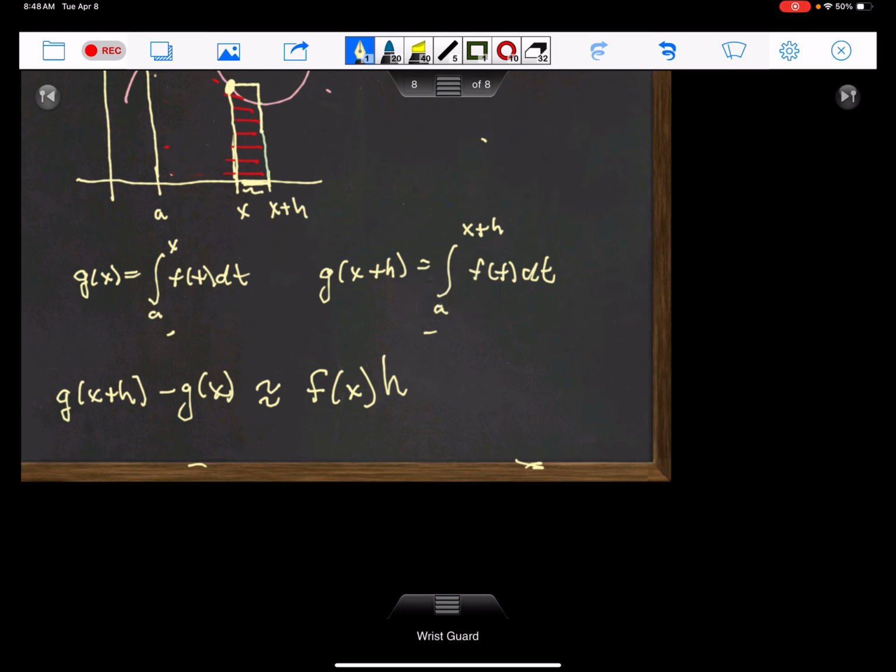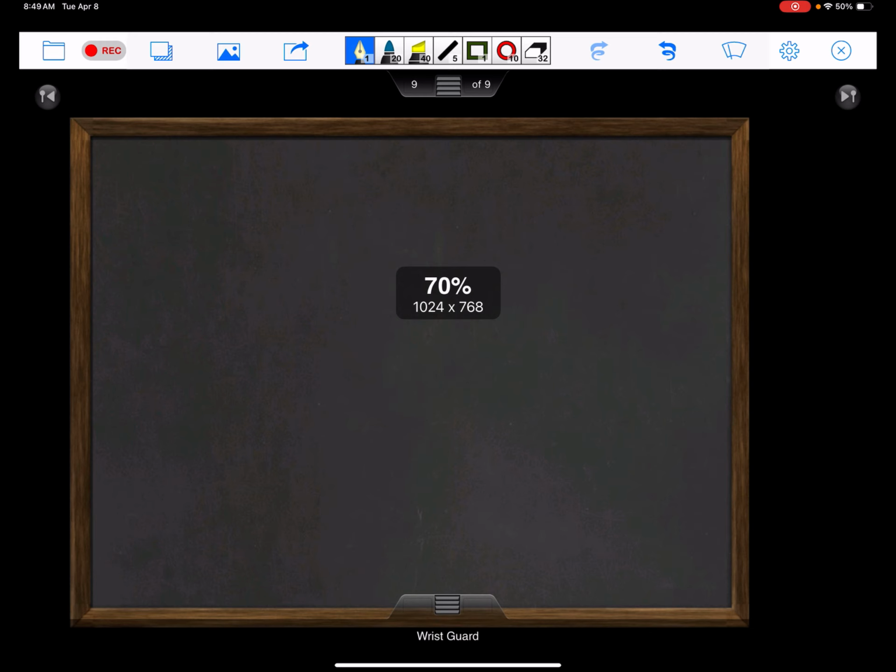And in fact, if we divide both sides by h, we could say that f of x is approximately equal to that quotient, g of x plus h minus g of x divided by h. And in fact, it gets better and better the closer I push x plus h to x. And so I smell a limit coming. So we come over here, let's write it one more time.